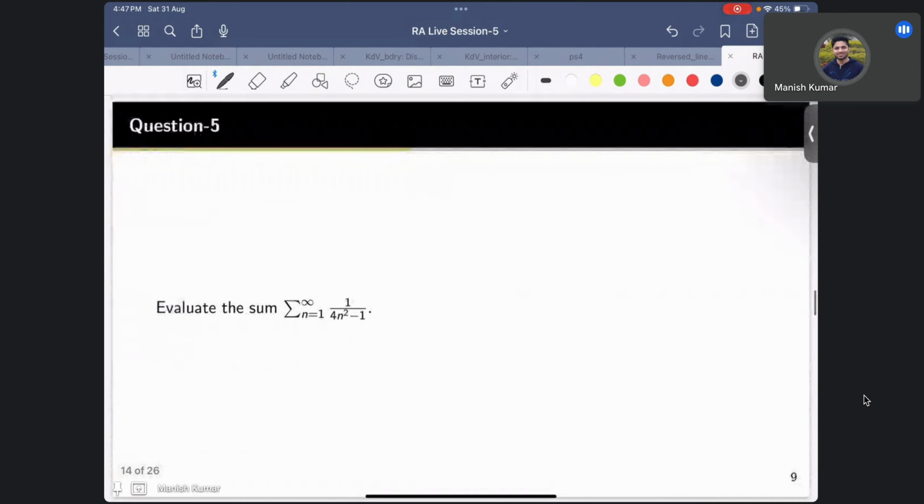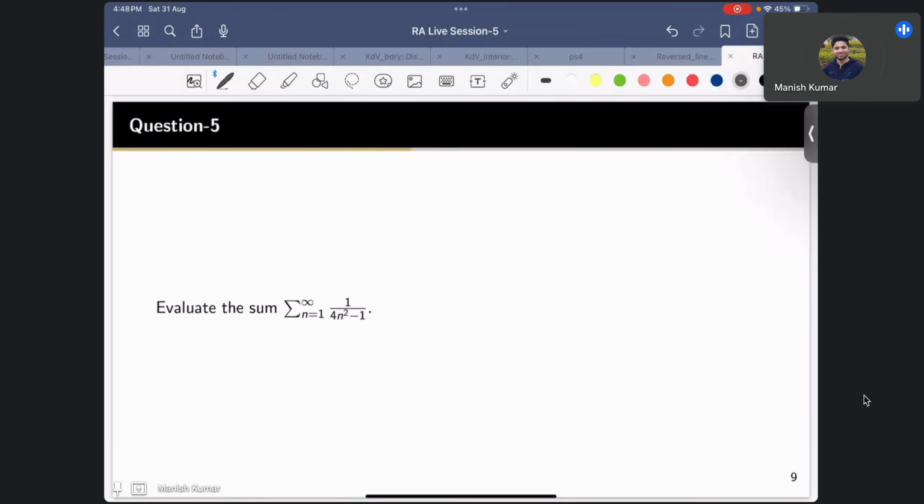Now let's come to the series part. We are almost done with the sequence. Now coming to series, let's begin with an easier one. You have this sum, and you have to find the value of this series. Whenever you have such a problem, you try to simplify it, maybe into telescopic sums or something like that.